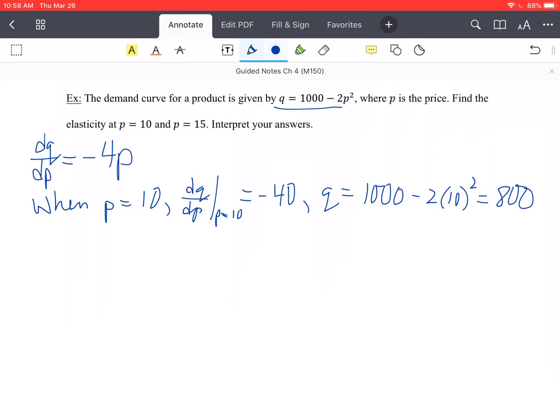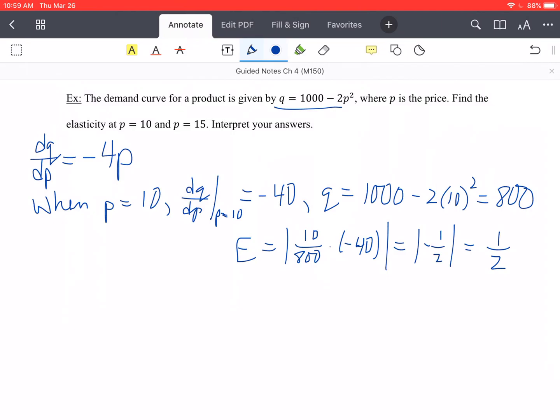So our value for E is going to be the absolute value of P over Q, 10 over 800, times negative 40. Alright, so that gives us negative 400 over 800. So that's the absolute value of negative 1/2, which of course is just 1/2. Okay, and we'll make conclusions about that in just a second. But let's go ahead and find the 15 case first.